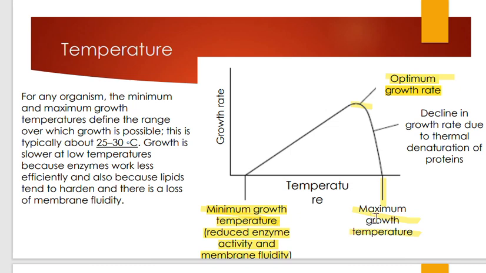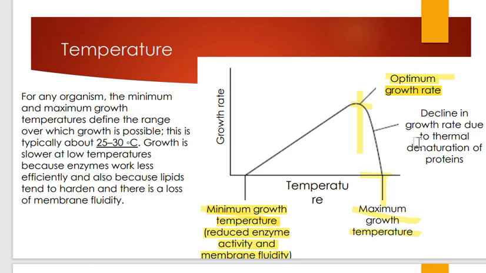So you need to remember that once the microorganisms have achieved their optimum growth rate, further increase of temperature will basically degrade the growth rate of your microorganisms, or there will be a decline in the growth rate due to thermal denaturation of protein.